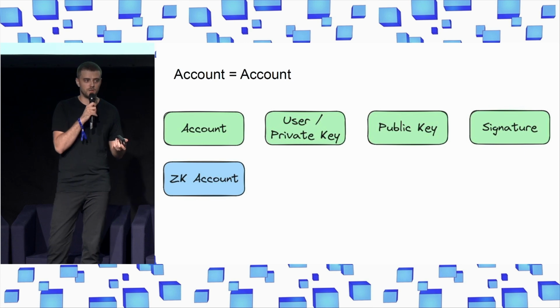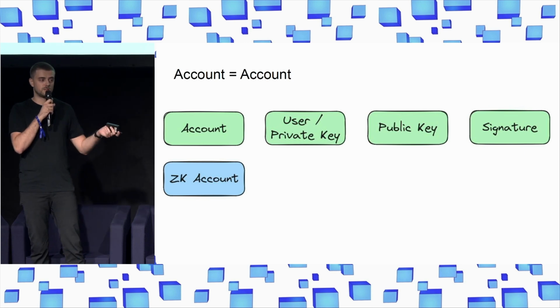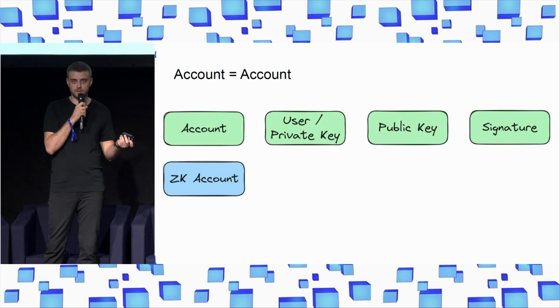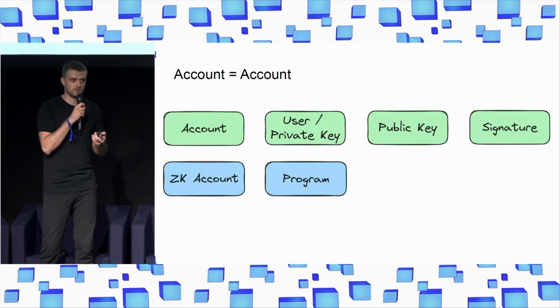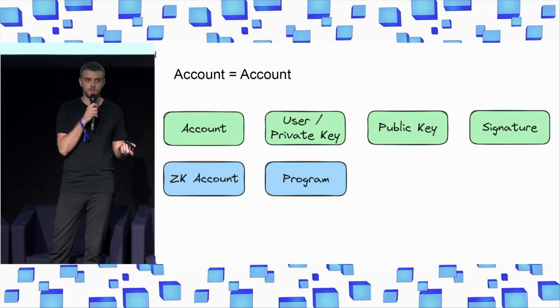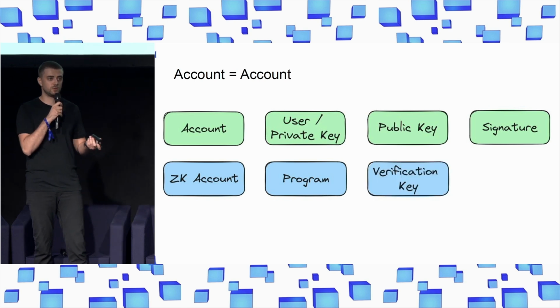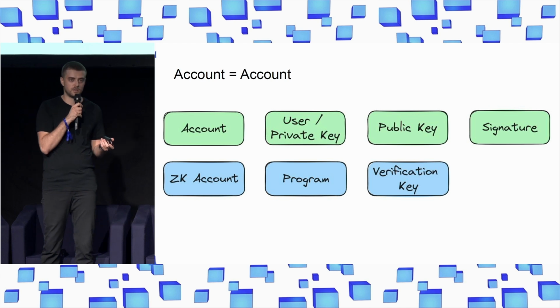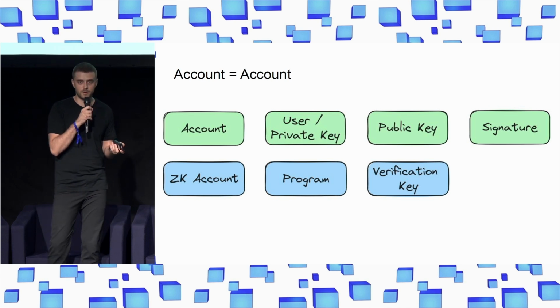To have a metaphor, you can think of ZK accounts as being another account where the user of the private key would be a program and the public key would be the verification key against that program, right?